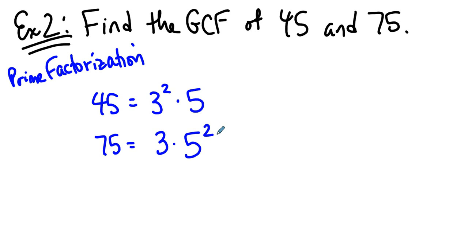So when we go to figure out what the greatest common factor is, well, it's going to have to be a common factor, and we want it to be the greatest possible one. So a common factor would have to have a 3 in it, would have to have a 5 in it, right? That's just sort of how we imagine this going.